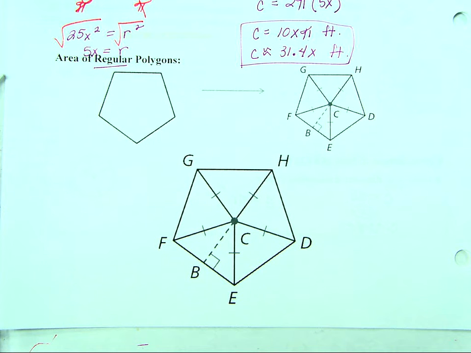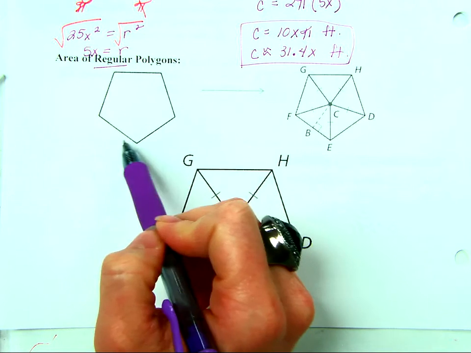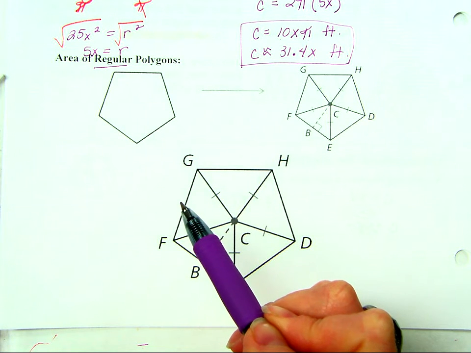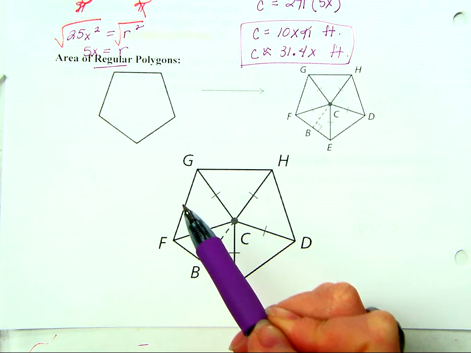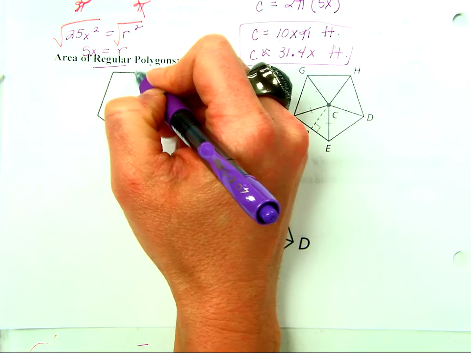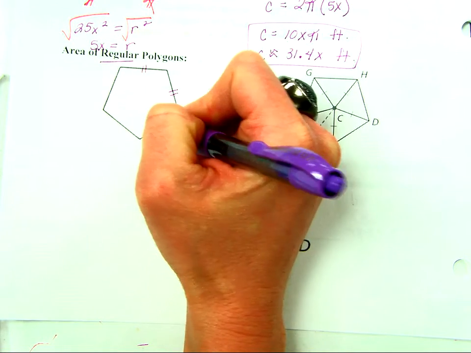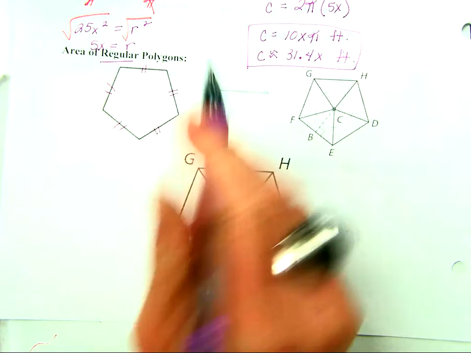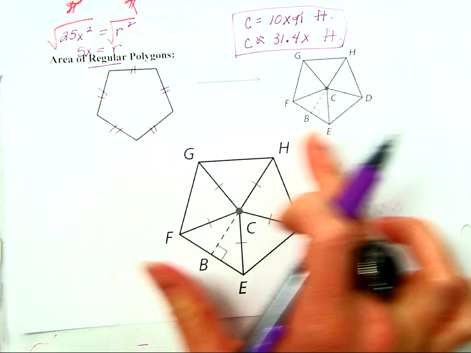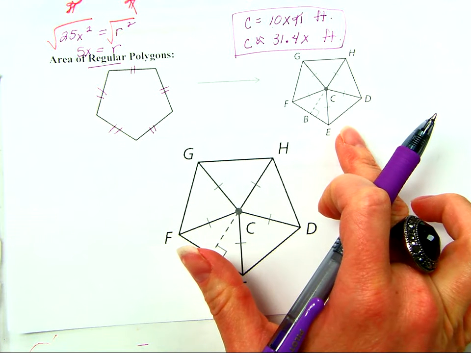So as I look here, I have my pentagon, and we're going to actually need to use a little strategy to find the area. Now, you can think about dividing this up into different shapes. Taking our polygon, we could go ahead from the center point and split it up into triangles.